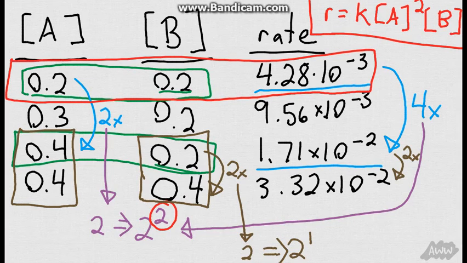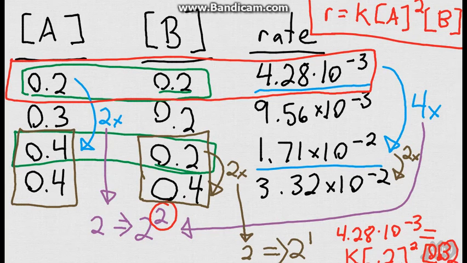And so I'm going to do rate, which is 4.28 times 10 to the negative third, is equal to K times the concentration of A, which is 0.2 squared, times the concentration of B, which is 0.2, to the first power. I know that's really squeezed into the corner, but hopefully you followed what I was just doing.